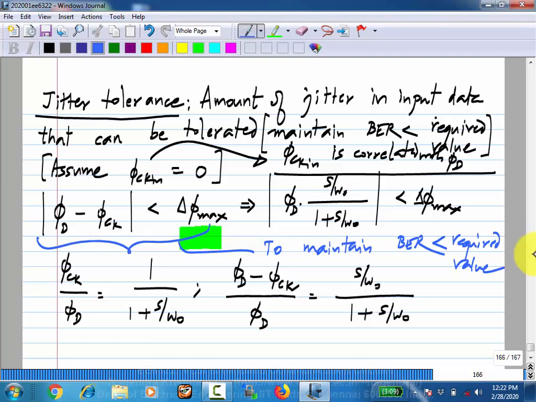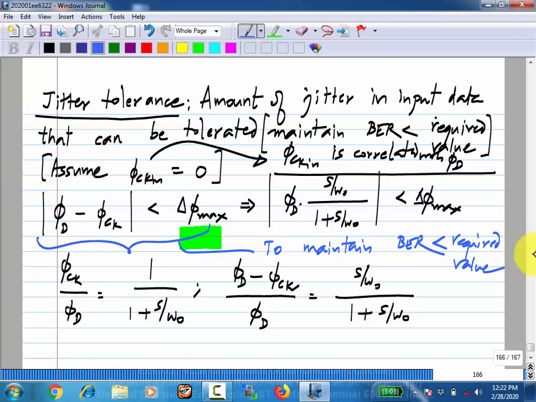Now what I assumed is that for this whole calculation, I have assumed phi d is not 0, that is the data is jittery, and phi ck in is 0, that is the clock is not jittery. We can do this experiment, but this is not likely to happen with the forwarded clock, because the clock and data are generated from the same transmitter. So the jitter will be at least partially correlated, if not fully.